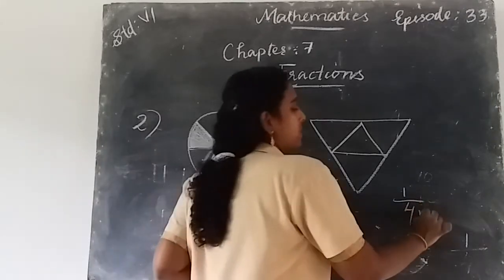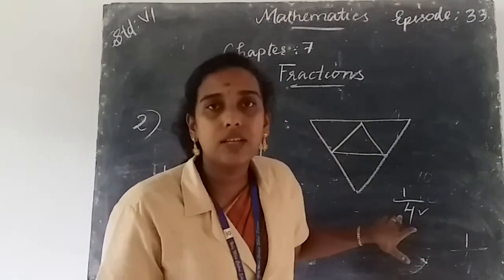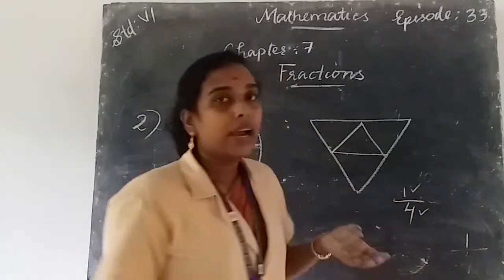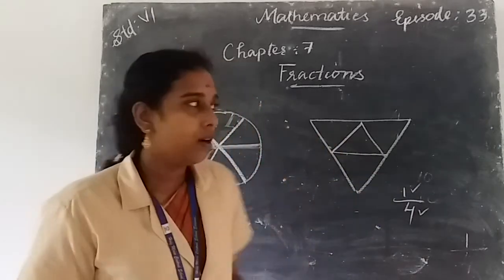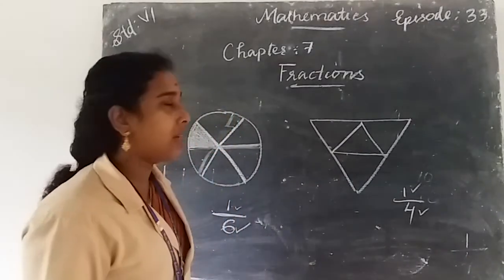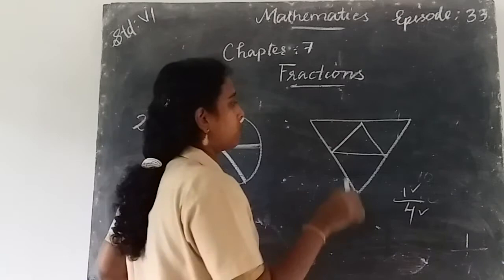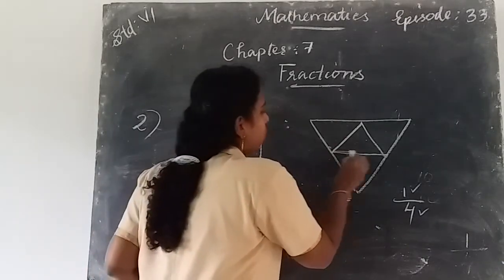So here 4 is the denominator, which means the whole is equally divided into 4 parts. And this 1 means one part can be shaded. Okay, so here 1, 2, 3, 4. 4 equal parts are there, and we want to shade one part of the whole. So you shade any one part of the whole. Okay.